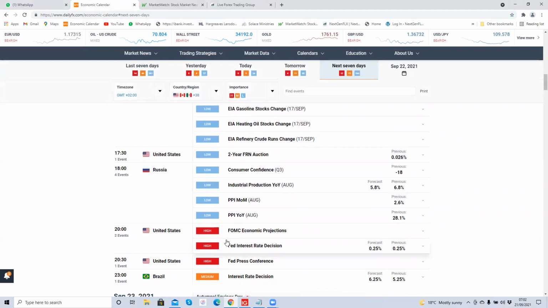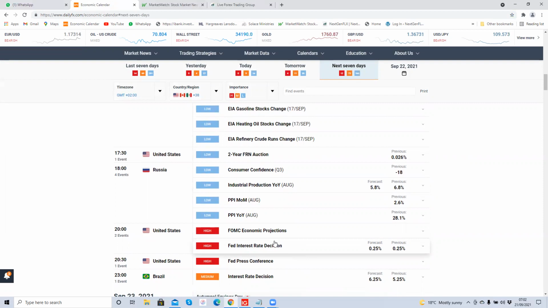And the big one for the week, tomorrow evening, is the US Fed interest rate decision. That's a report of huge significance. It would affect all global markets, commodities market, all currency pairs will be affected by this report tomorrow. And like I said, that's a major report for this week.